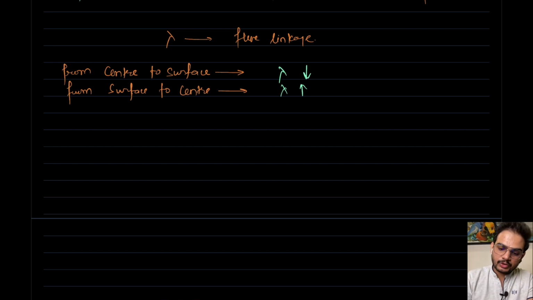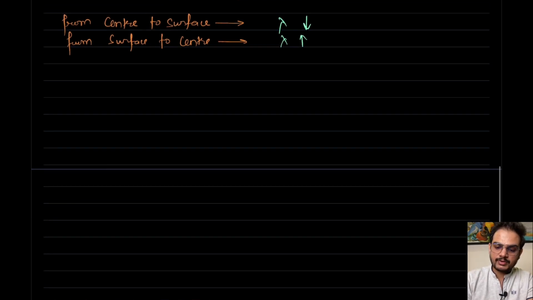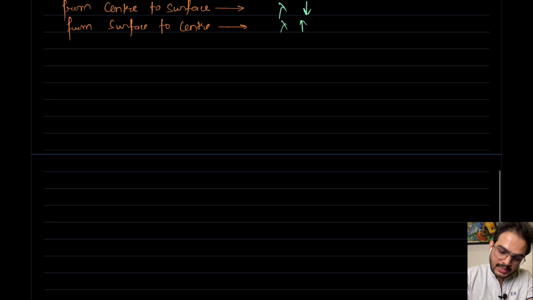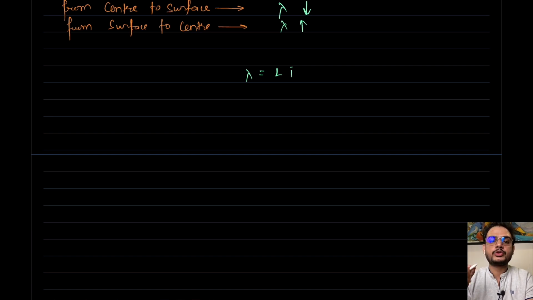Okay, we know that flux linkage means what? Flux linkage psi is equal to L into I, where L represents inductance and I represents current flowing through that conductor, and psi represents my flux linkage.